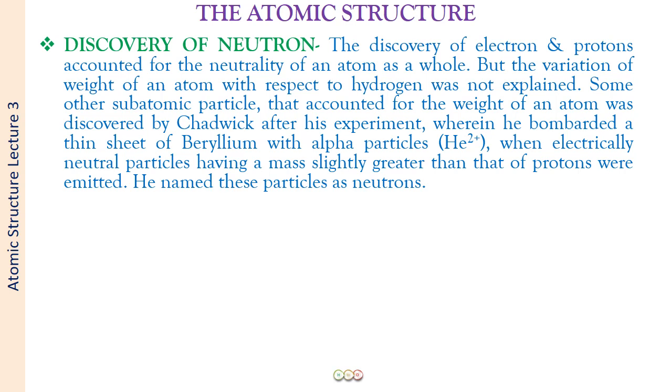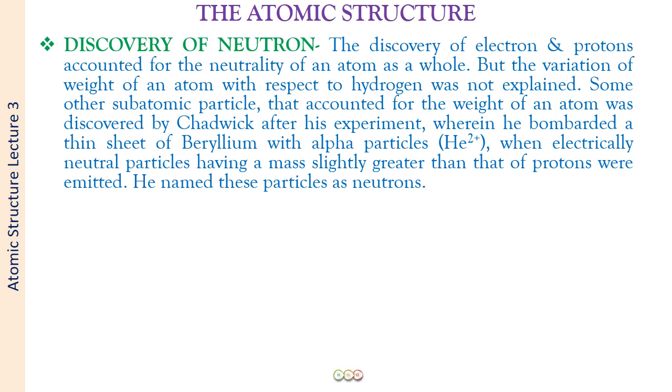Rutherford was able to calculate how much positive charge is present in the nucleus, or you can say he found out the number of protons in the nucleus of the atoms. So when they calculated the nuclear mass based on the number of protons, the value always fell short of the actual mass. What do I mean by that?